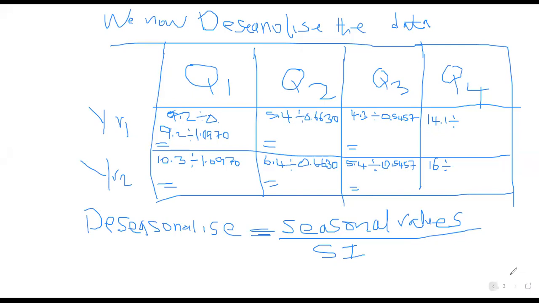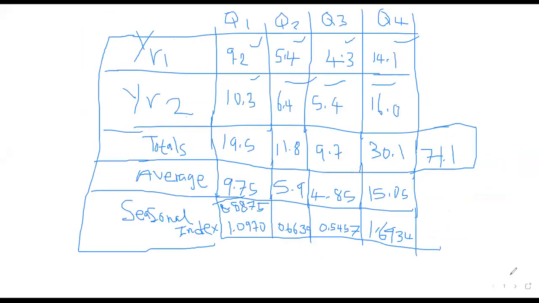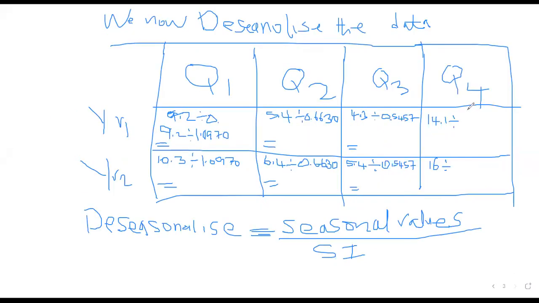Then for the other one here, the seasonal index is 1.6934, and here also 1.6934.